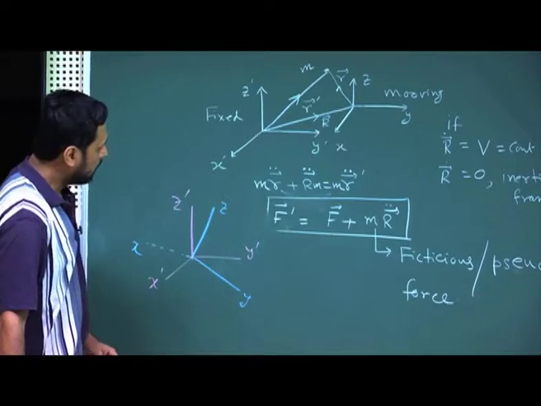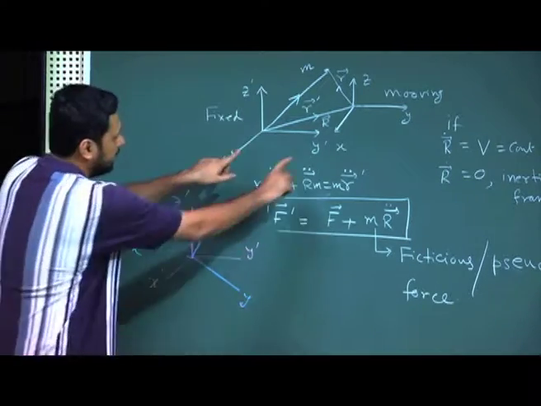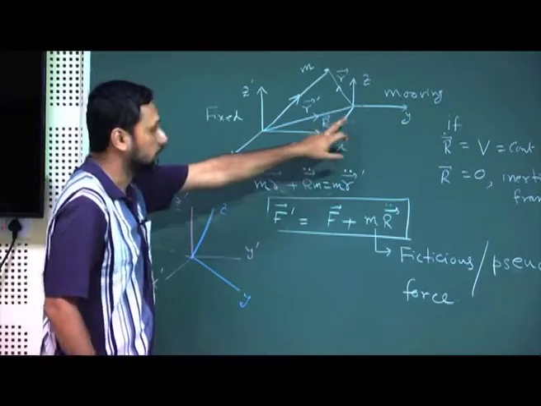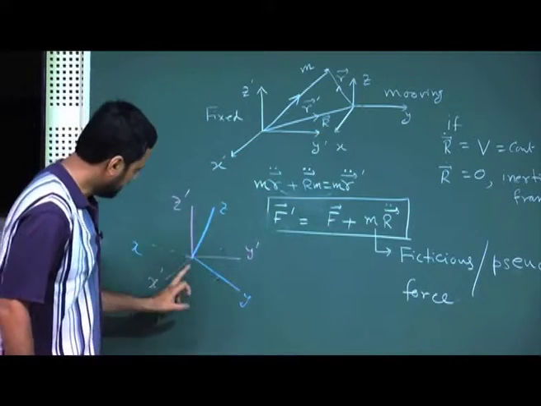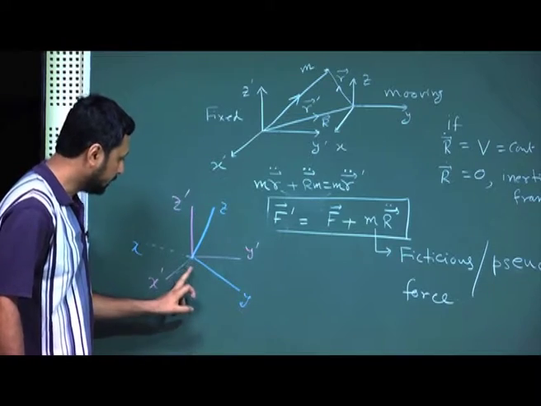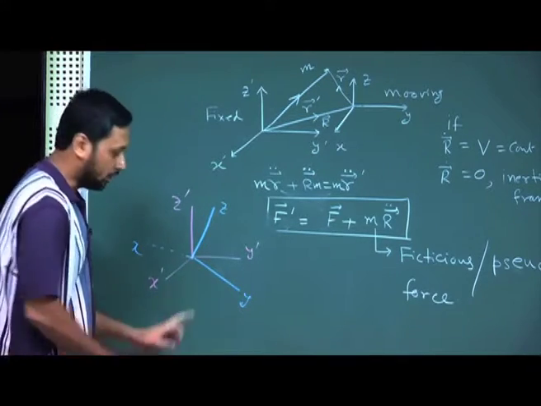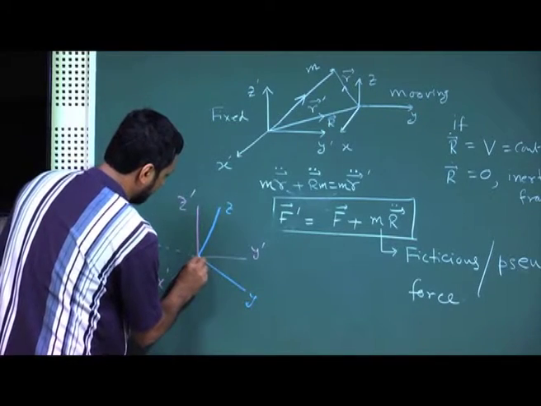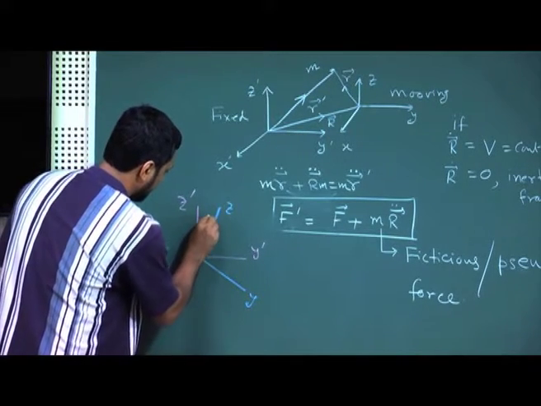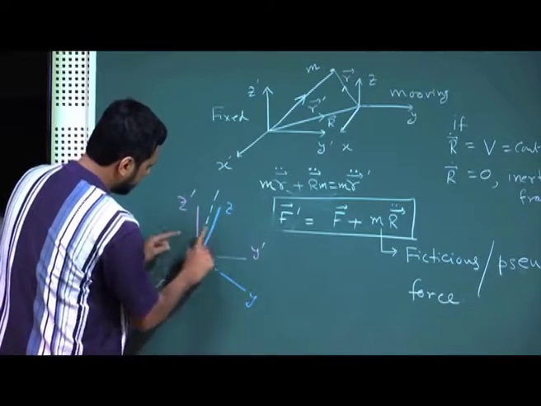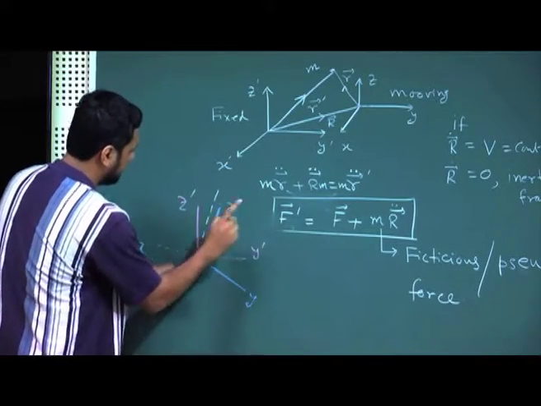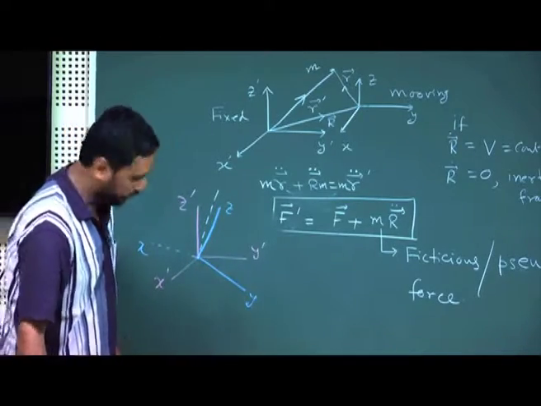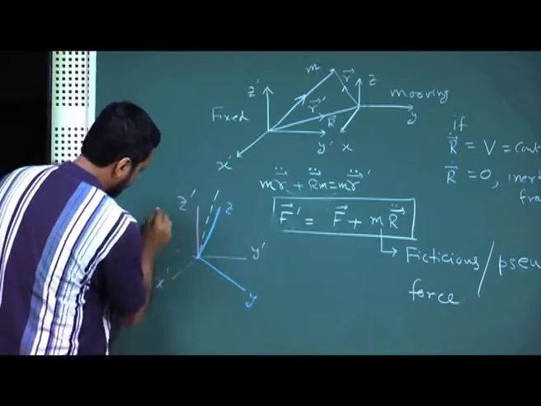See, what we have discussed so far is a general motion. It could be a translational motion, it could be a rotational motion, but here the situation described is a pure rotational motion. The origin is common and let us assume that there is some axis along which one frame is executing a rotational motion with respect to the fixed frame. So, this one is fixed.